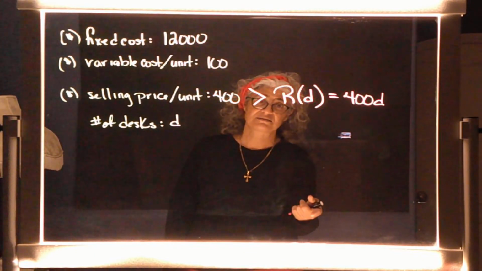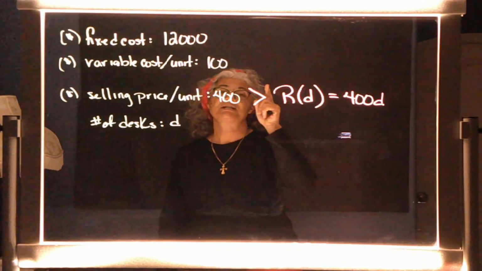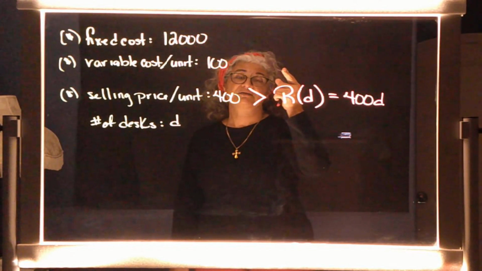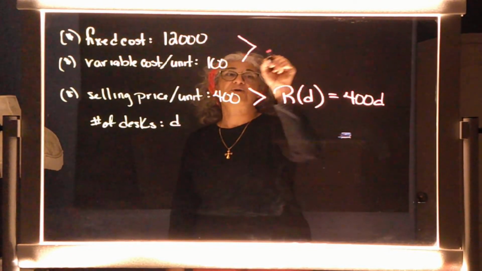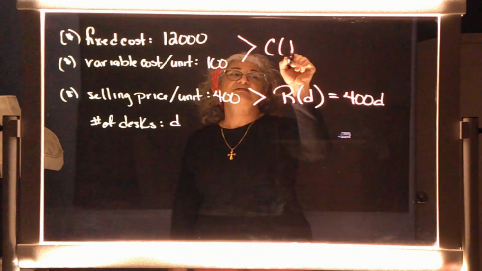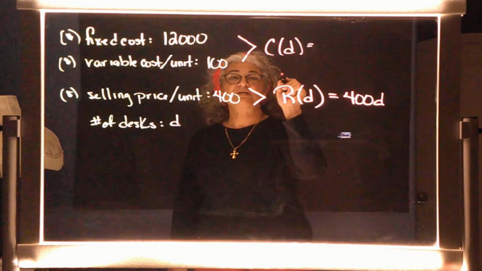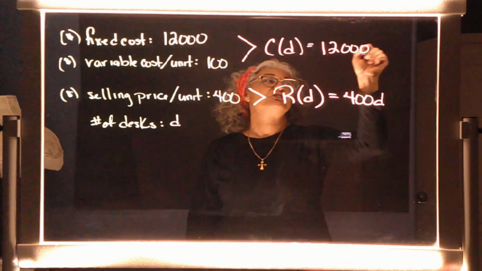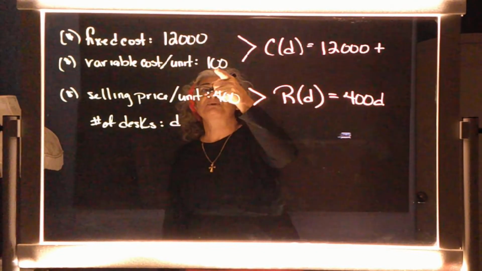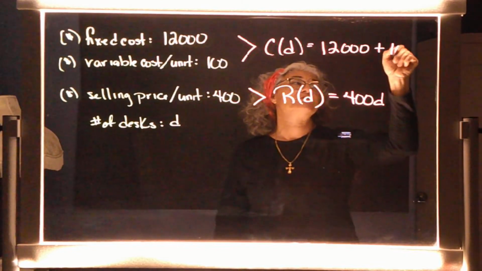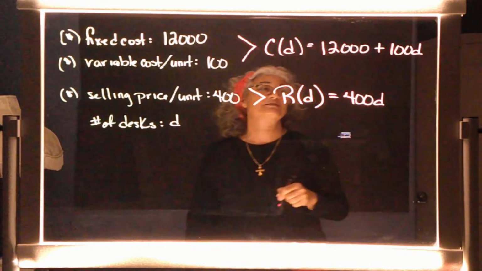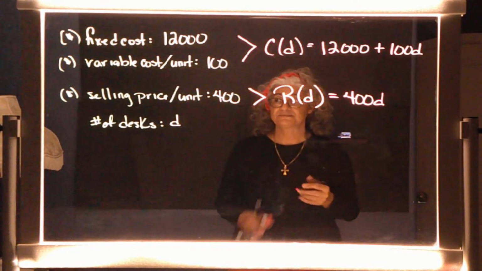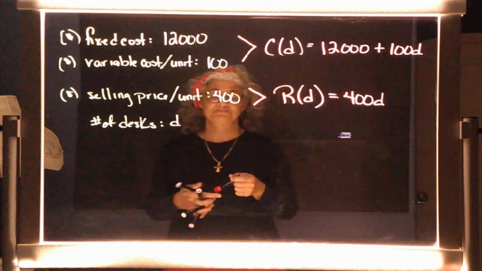Make sense? Another question they're going to ask us is the cost function. Well, if you remember from the last problem, the cost function, the cost at D desks, is going to be the fixed cost, and then added to it is the variable cost per, in this case, desk. Cool? All right.